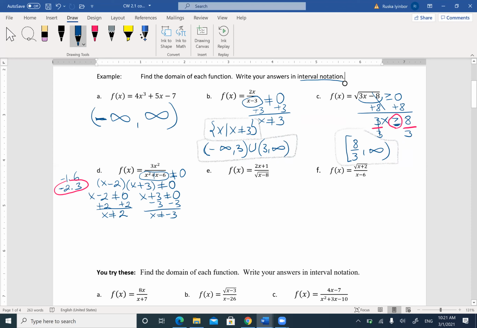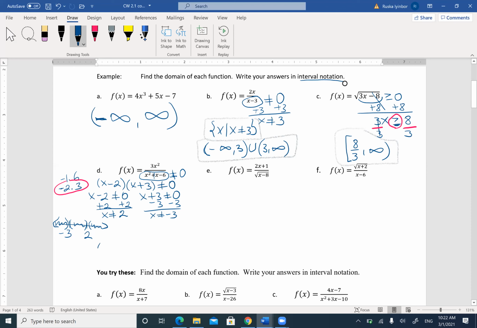Now, how do you write that in interval notation? I'm going to put it on the number line so you can see negative 3 and 2 right here. So the domain is going to be everything before negative 3, between negative 3 and 2, and everything after 2. So here you're going to have 3 intervals for the domain.